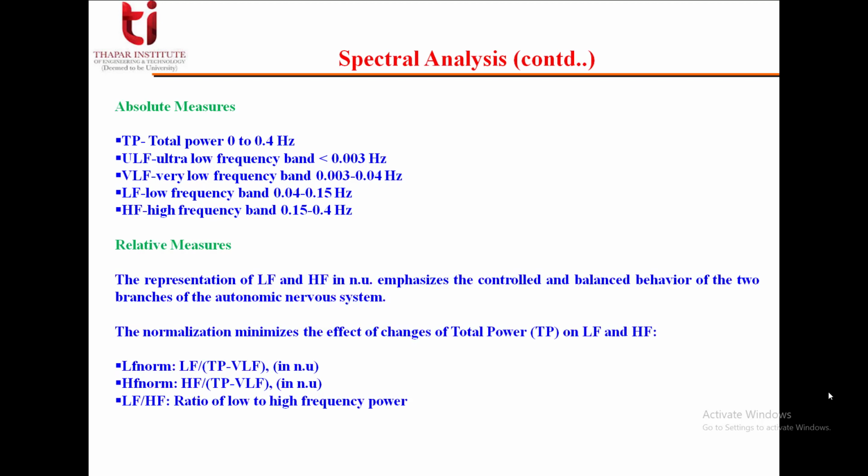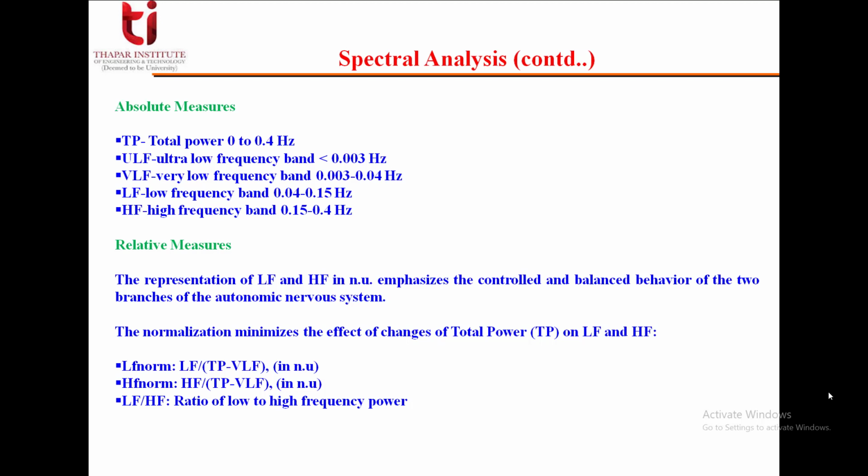Then we have some relative measures. The representation of low frequency and high frequency in normalized units emphasizes the controlled and balanced behavior of the two branches of the autonomic nervous system.